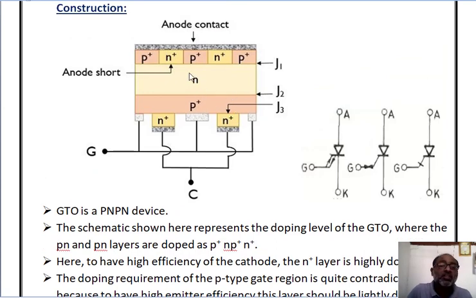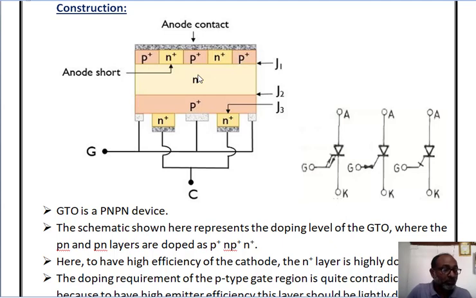Now the width of this N layer, as shown in this figure, which is on this P plus layer, and the doping concentration decide the forward blocking capacity of the GTO. So the width of this N layer and the doping concentration in this layer decide the value of forward voltage blocked by the GTO.